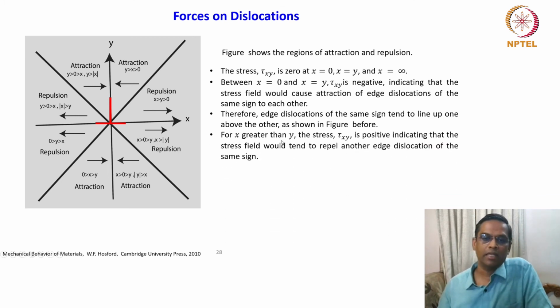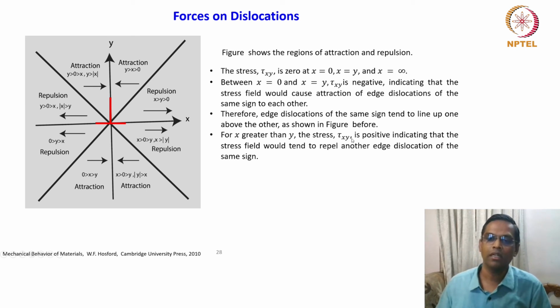For x greater than y, the stress tau xy is positive, indicating that the stress field would tend to repel another edge dislocation of the same sign. So it is opposite to the previous case.